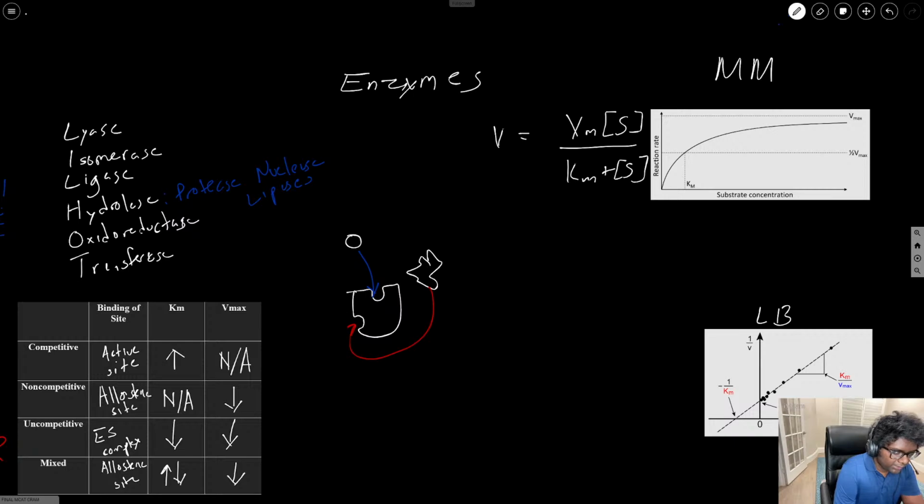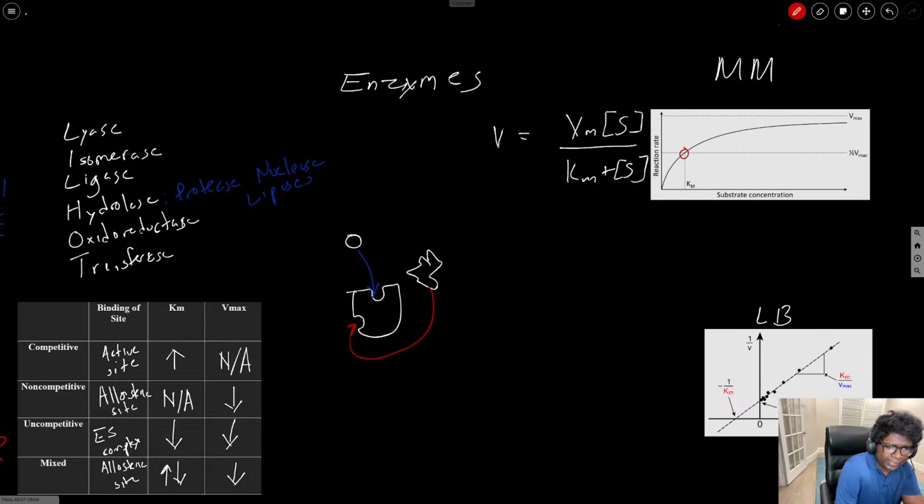With Michaelis-Menten, the only thing you really need to know from this chart is that right here, at the halfway point, at half Vmax, that's where you will find your Km. This is rate, velocity.